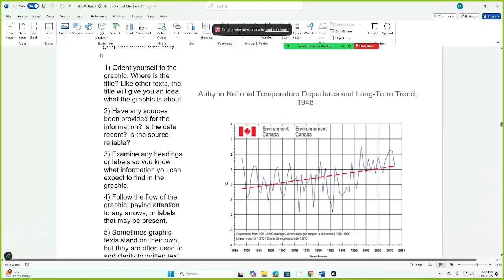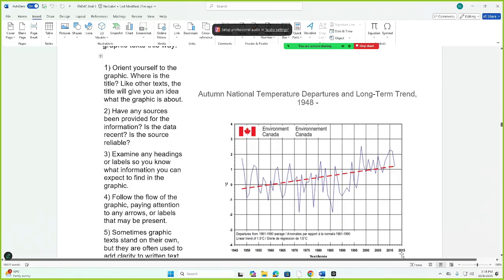There's the title right here, Autumn National Temperature Departures and Long-Term Trend, 1948 up to, well, the chart can keep changing. See, it's up to 2015 there now.